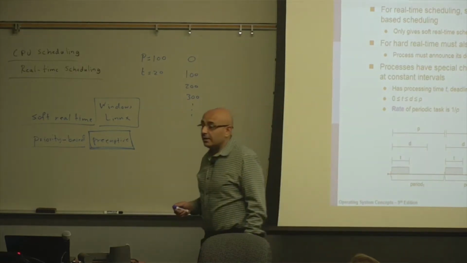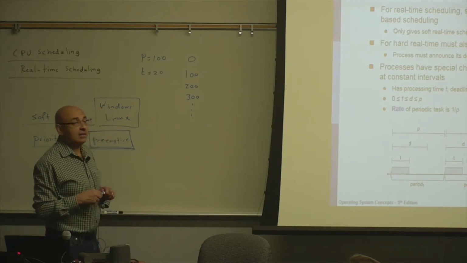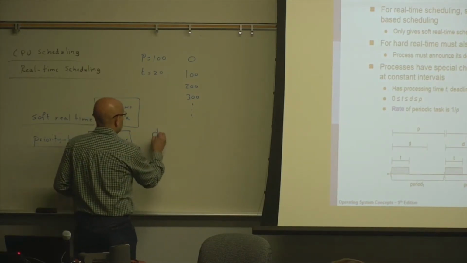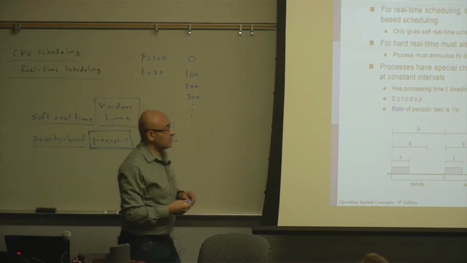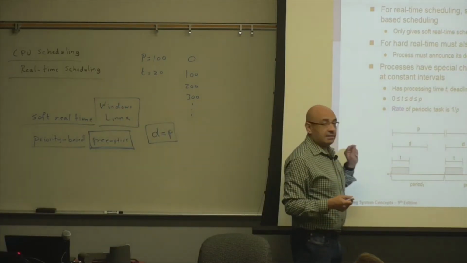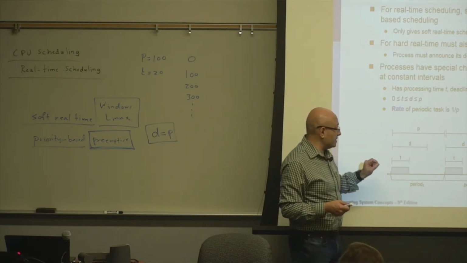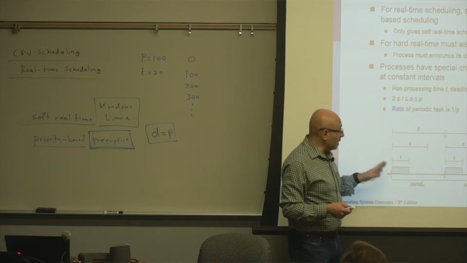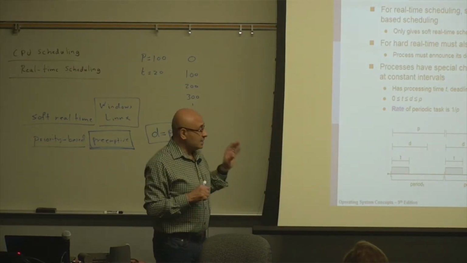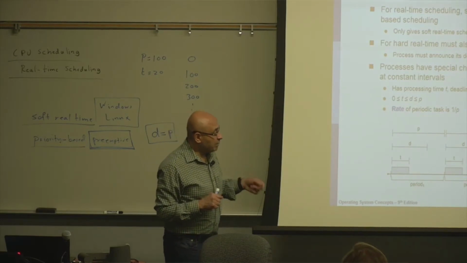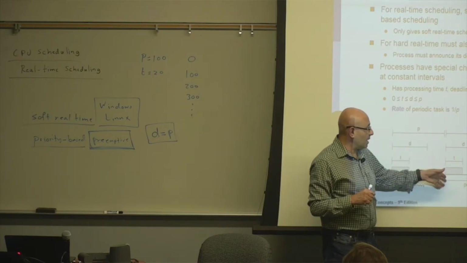In fact, in the examples that we will be looking at today, we will be assuming that the deadline D equals P. Deadline D equals P means that if burst number 1 arrives at time 0, then the system must complete executing CPU burst number 1 before CPU burst number 2 arrives, and that will happen at time 100.